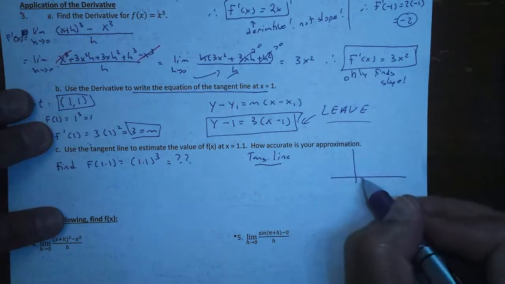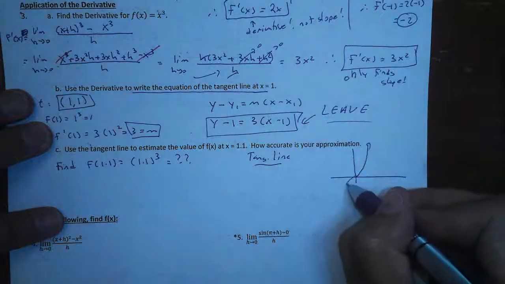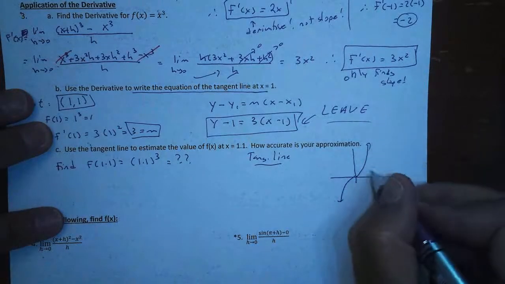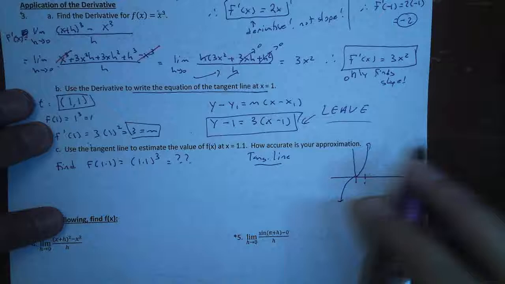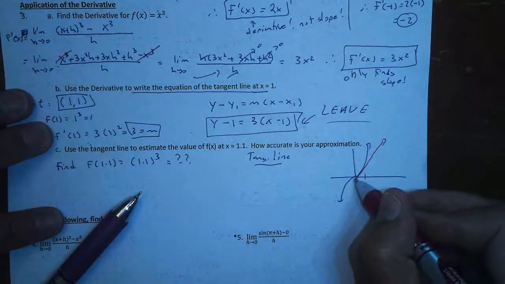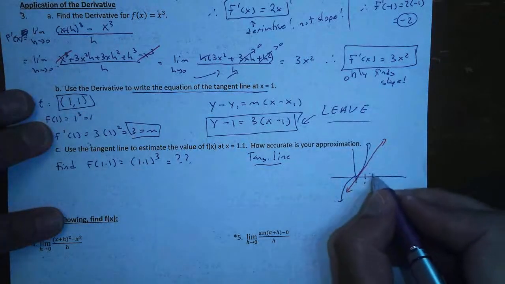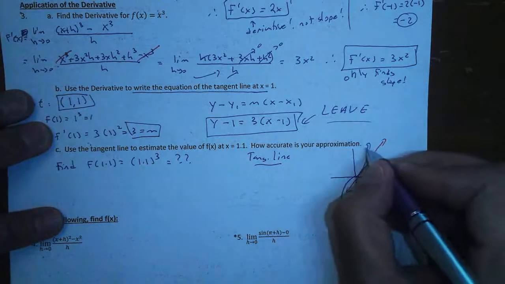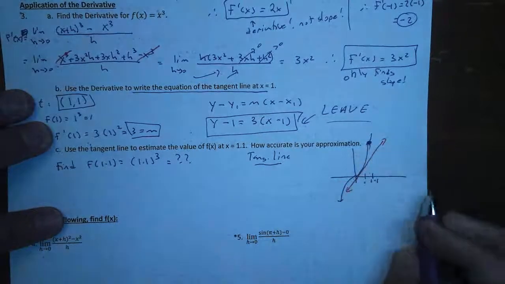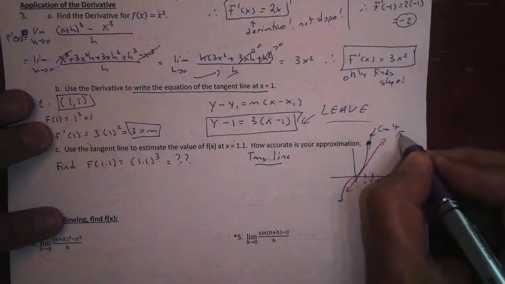Ready? This is our graph of x cubed. At 1, we found this tangent line, like so. We want to know what the value of the function would be at 1.1. We want to find that value, but I can't find this point. I don't know what it is.